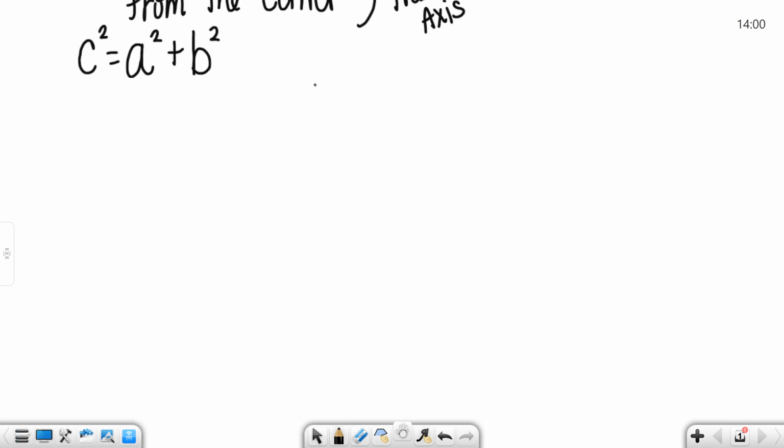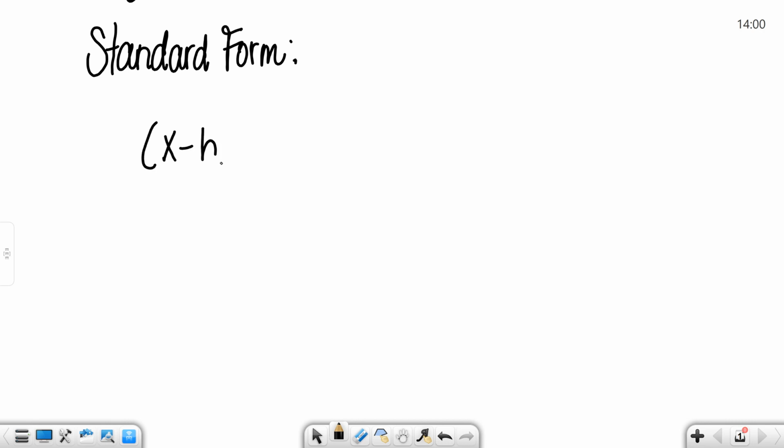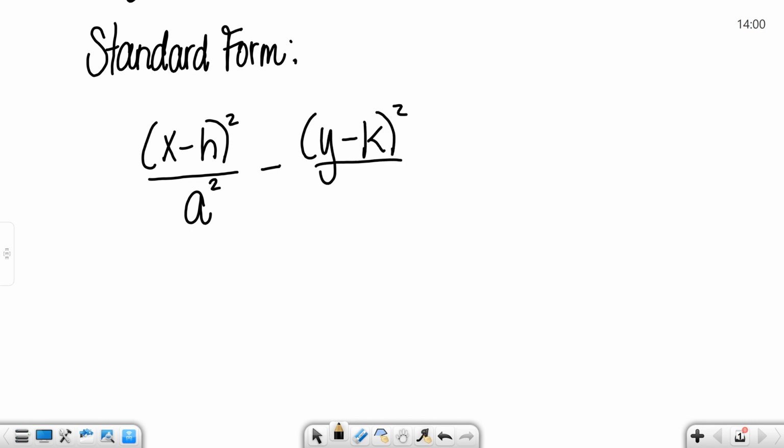And slide this up so I have room to write them. The standard form of our equations. They start a lot like the ellipse. Let's see if you can tell the difference of this equation and an ellipse equation. The biggest difference is that big minus in the middle. Now this time we don't have a major axis, but we do have that transverse axis.